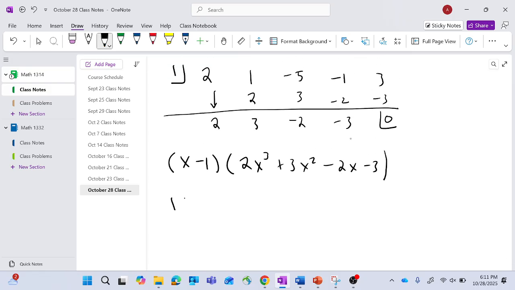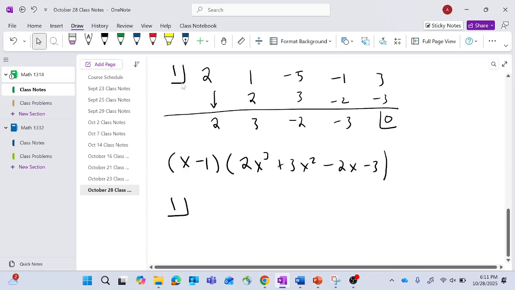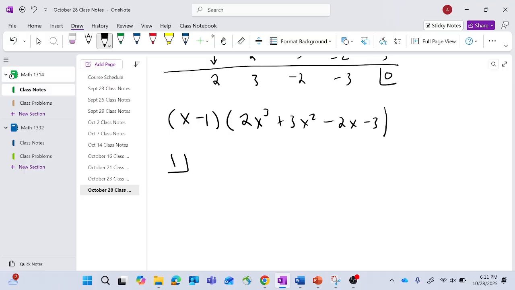So you start where you left off. The 1 worked before, so there's a chance it could work again. You start with what worked before and list out your new coefficients: the 2, the 3, the -2, and the -3.